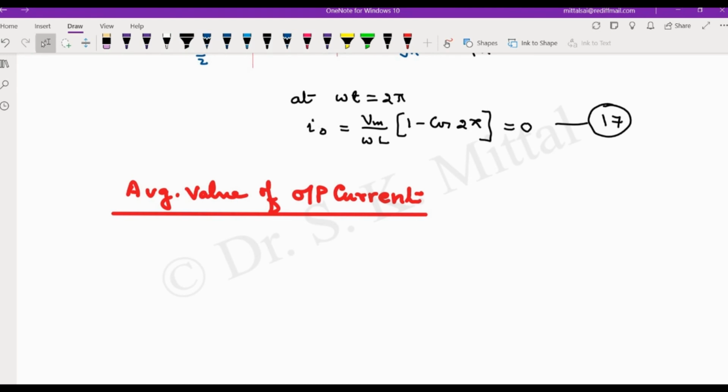In the half-wave rectifier with resistive load, I have given the method to calculate the average value of any waveform.